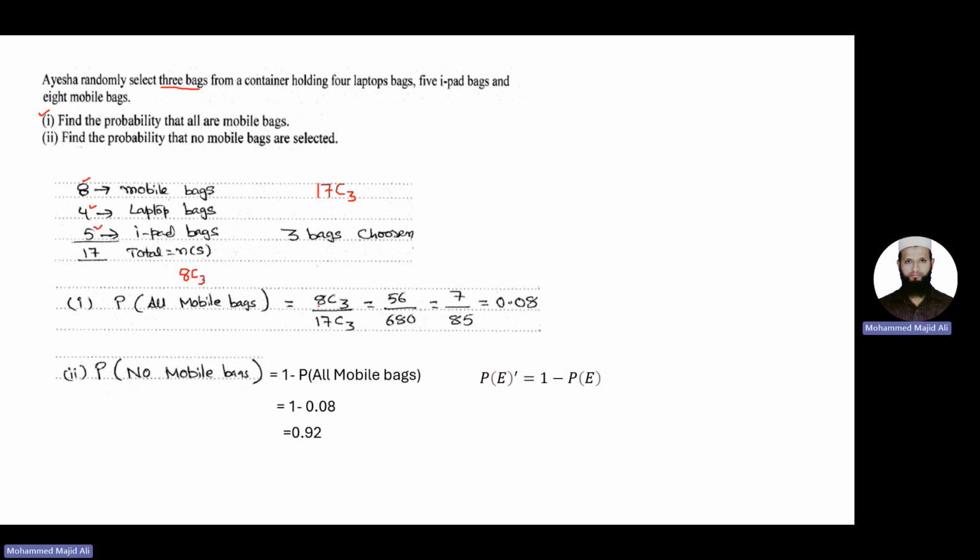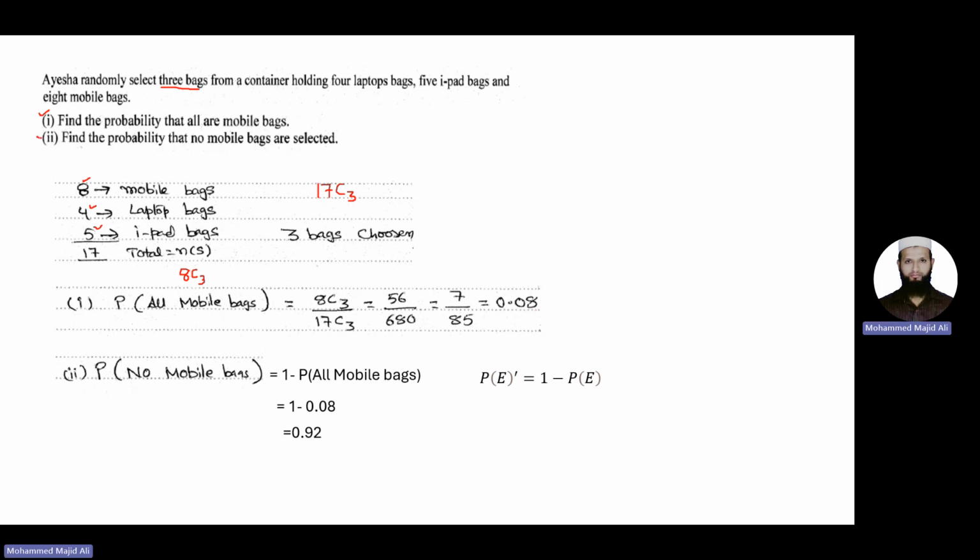When you simplify this, you can make use of a calculator. 8C3 will give you 56, and 17C3 is 680. On simplifying this, you will get 0.08. So the probability of selecting all mobile bags is 0.08.